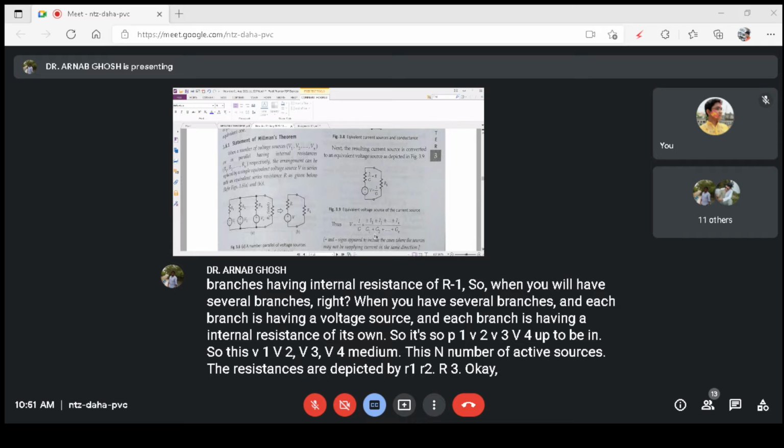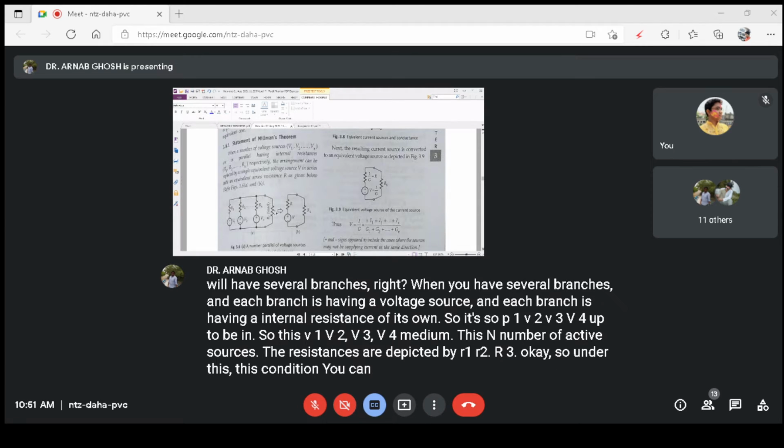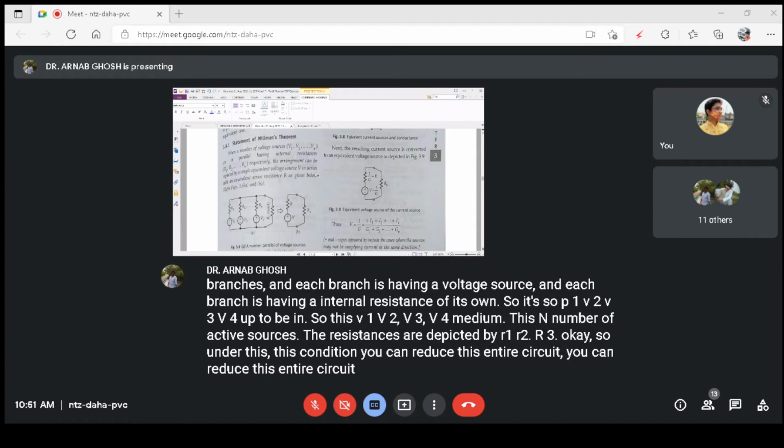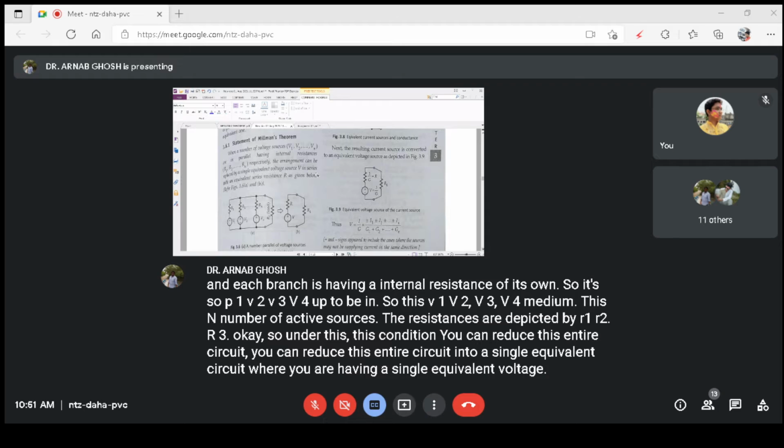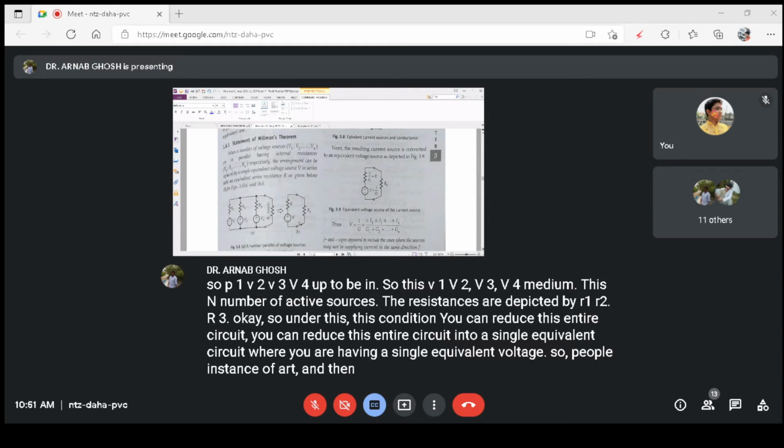Okay, so under this you can reduce this entire circuit into a single equivalent circuit where you are having a single equivalent resistance R and then you are having this load resistance.